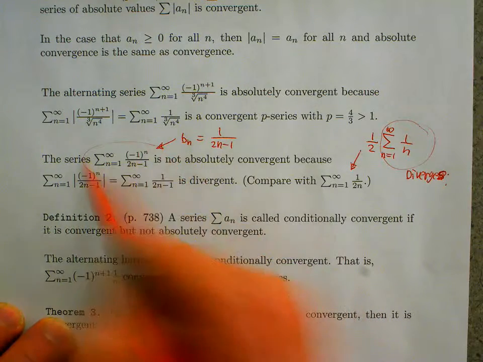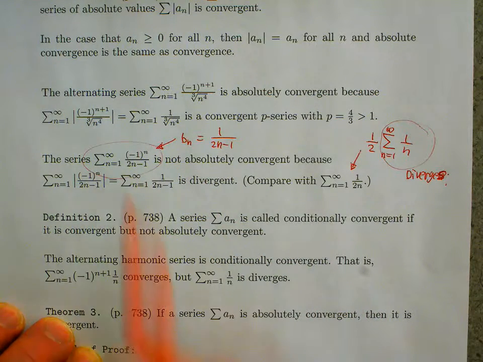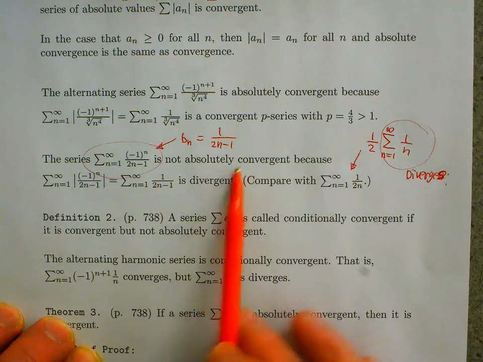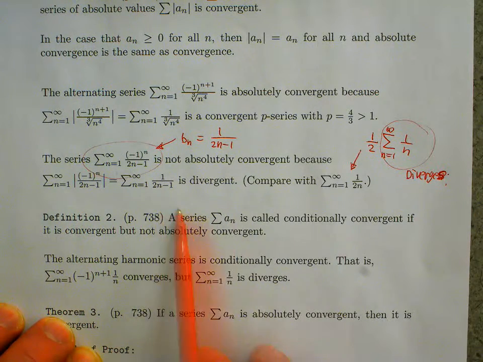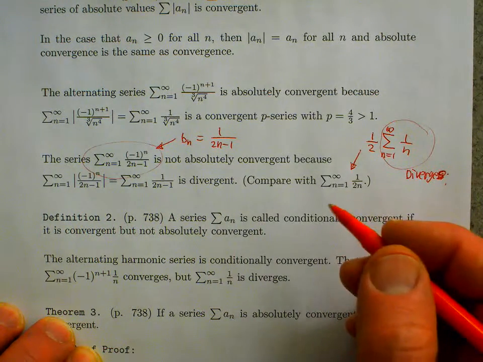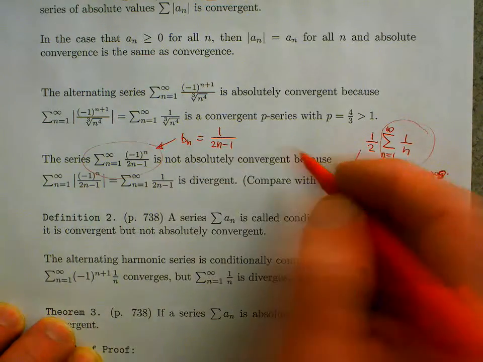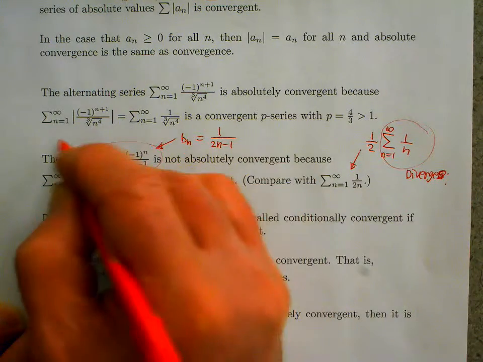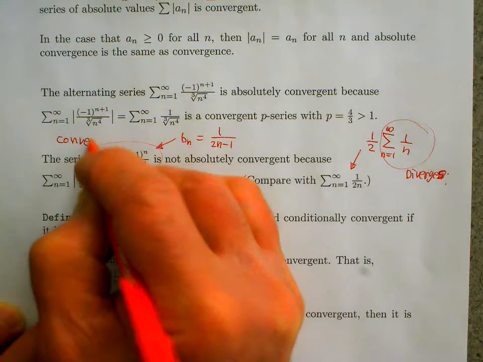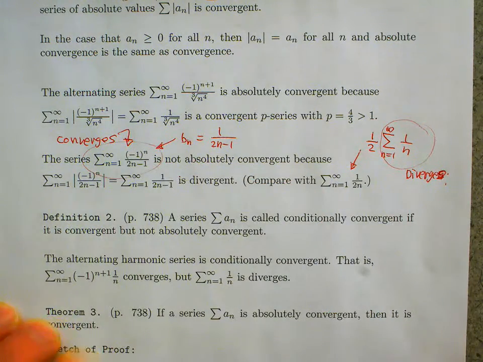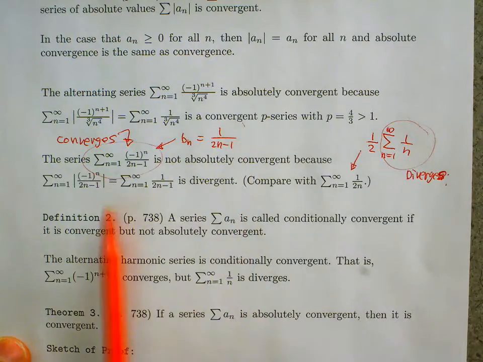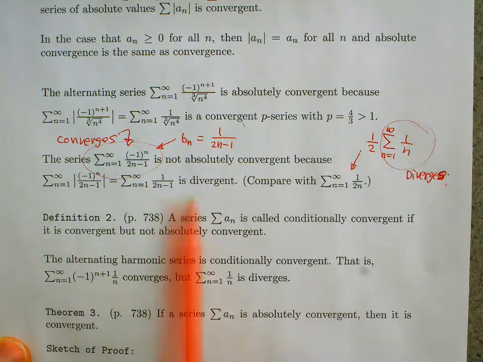So the alternating series does converge, but it does not converge absolutely. So it converges by the alternating series test, but it's not absolutely convergent.